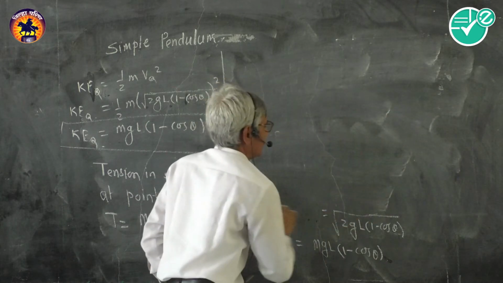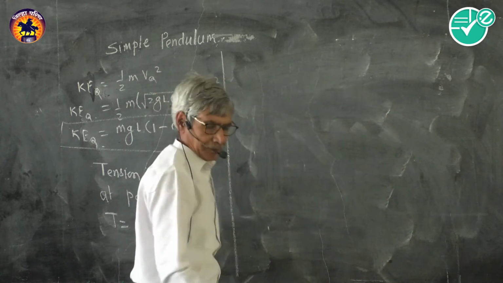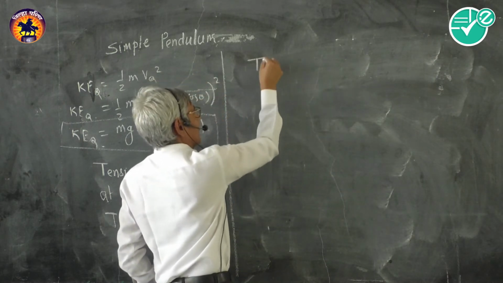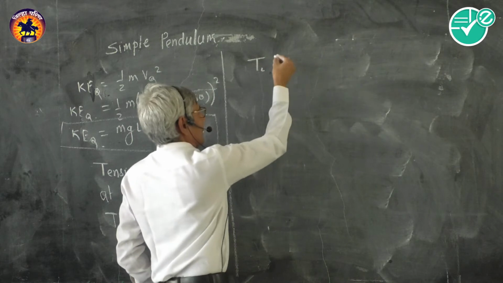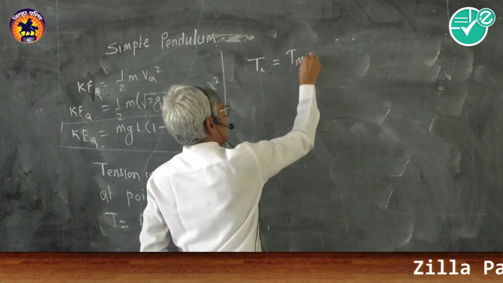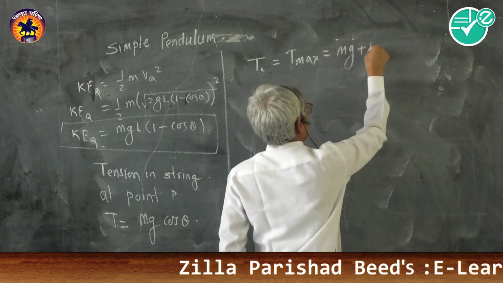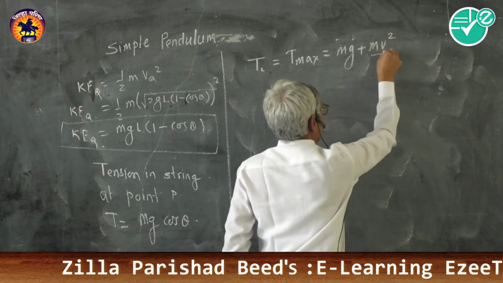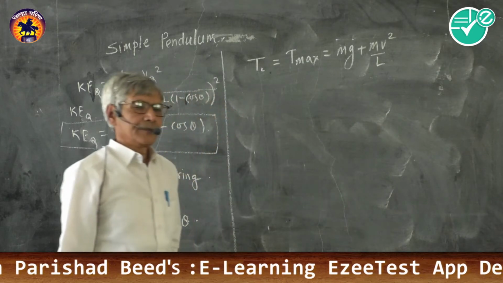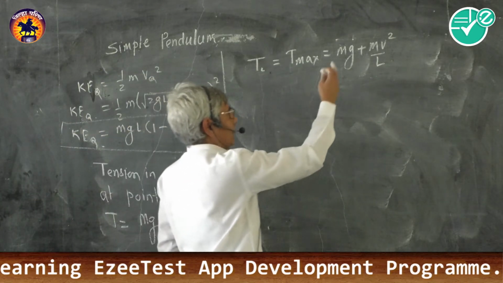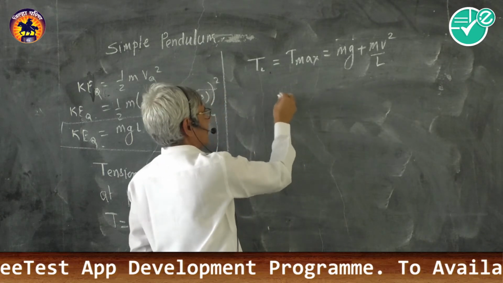At the lowest position, that is at point Q in the figure, this will be the maximum tension and it will be equal to mg plus mv square by L. That is the centripetal force. mv square by L has to be taken into account.